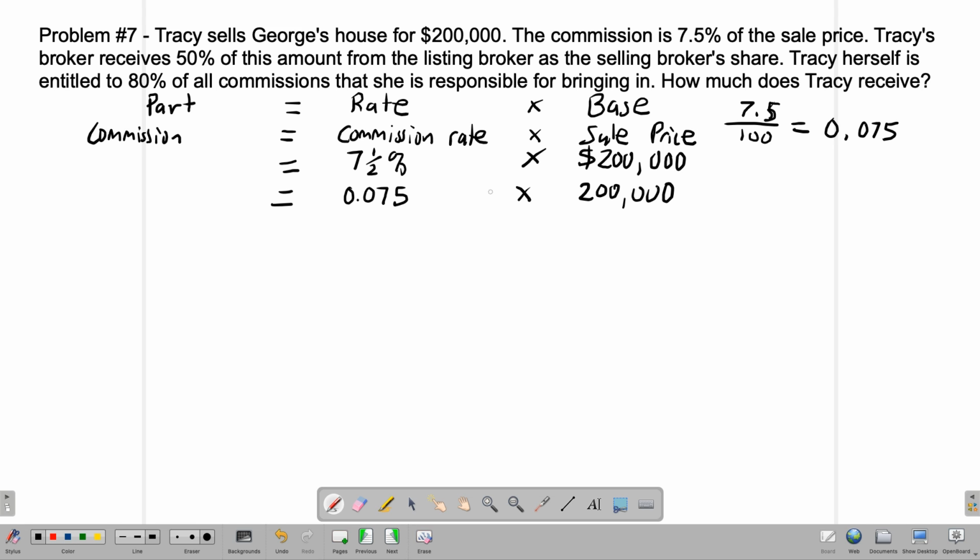It's going to equal a value of 15,000. And this is the total commission.